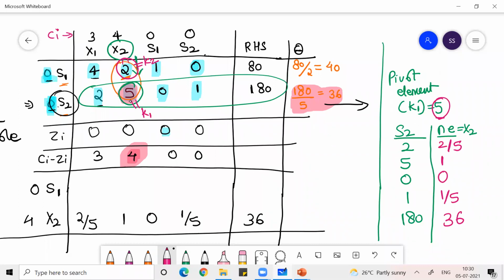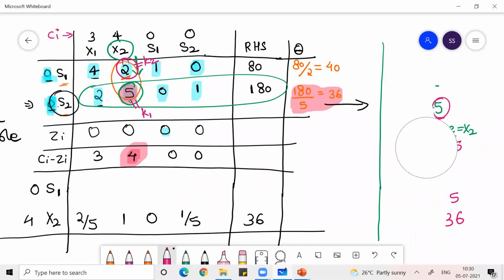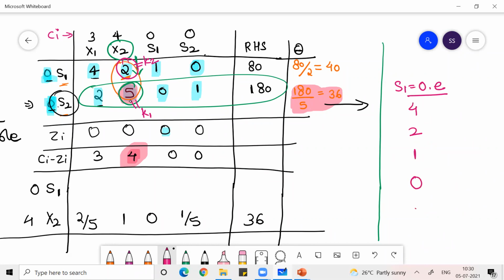So how will I find the value of row s1? The old values of s1 were 4, 2, 1, 0, 80. Can you see the old values of s1?